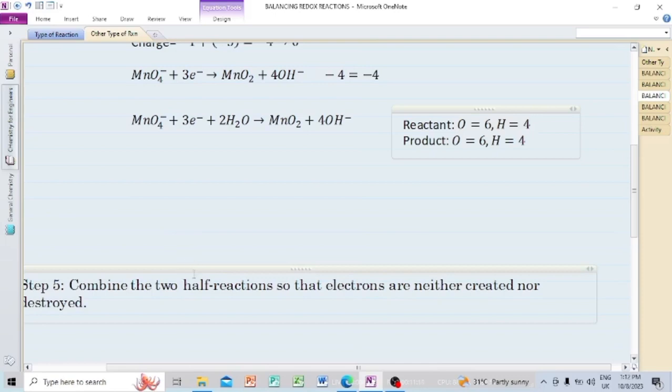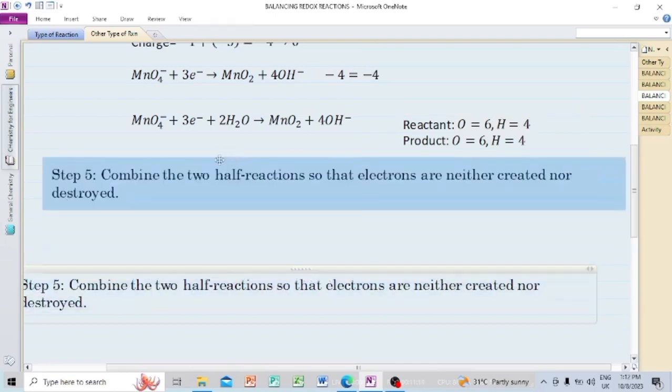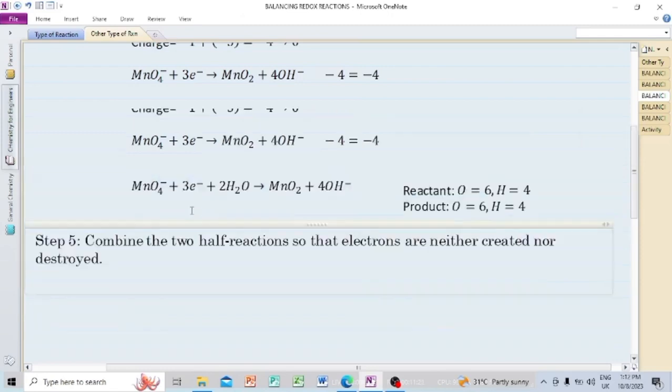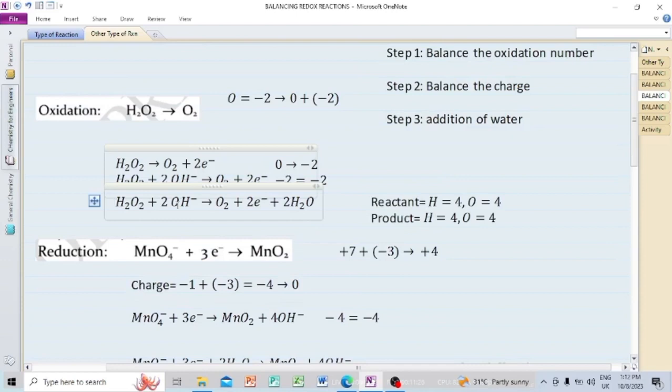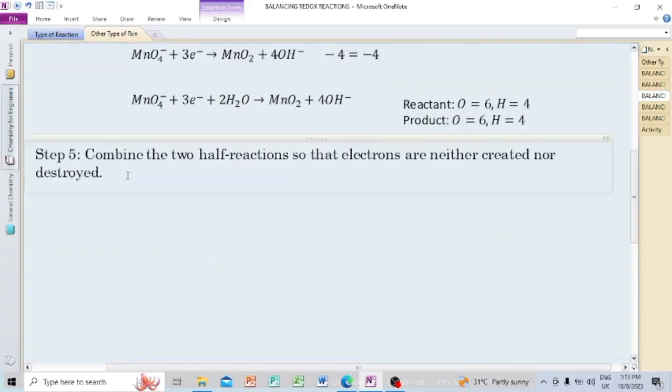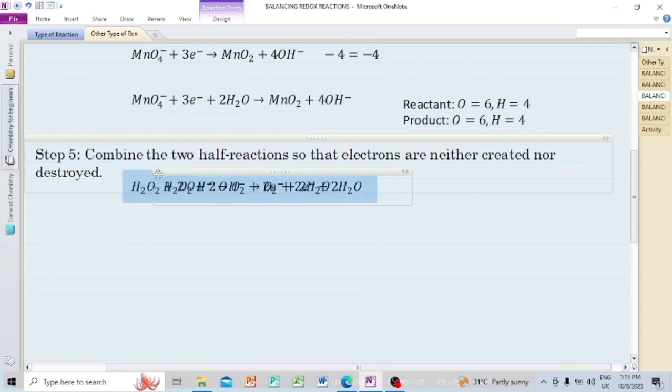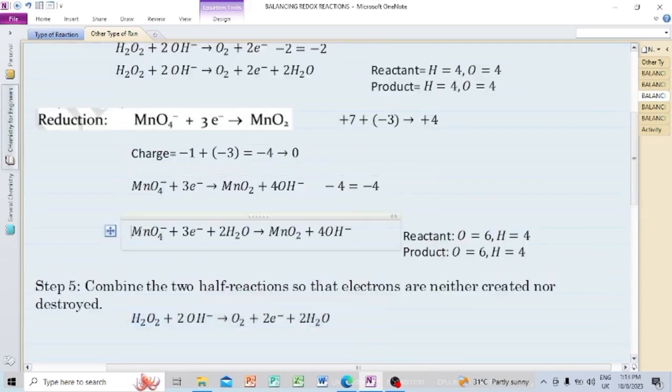Kapag balance na yung mga half reactions natin, we will recombine the half reactions. So, i-copy muna natin tong balance na oxidation reaction natin, and our balance reduction reaction.